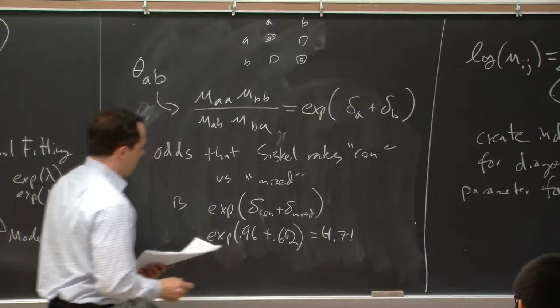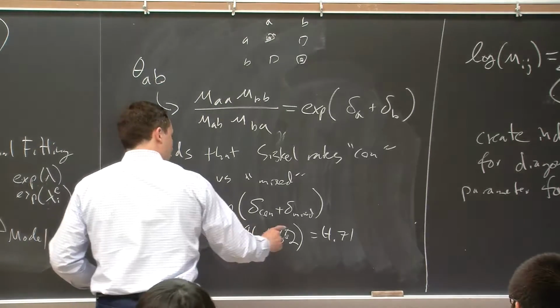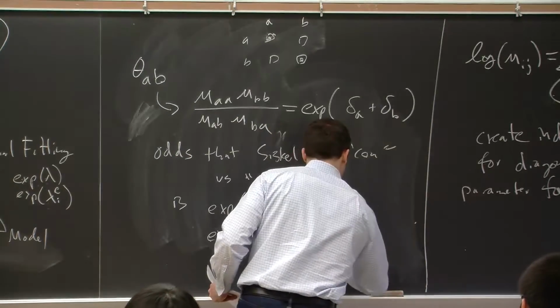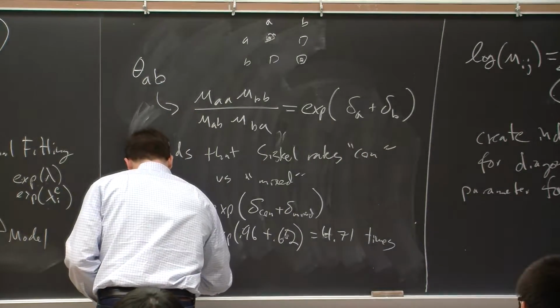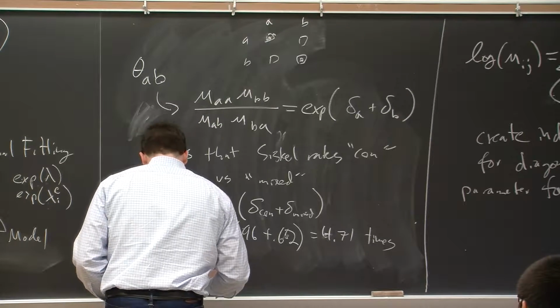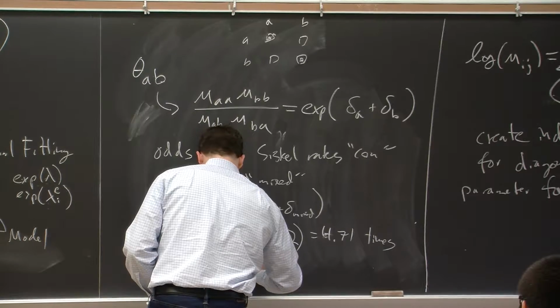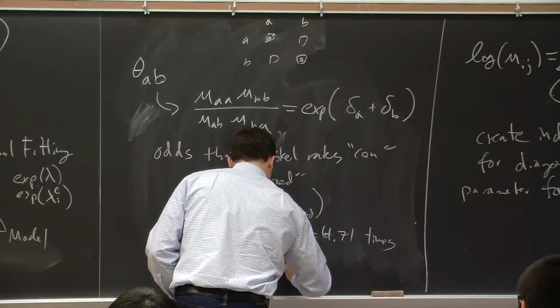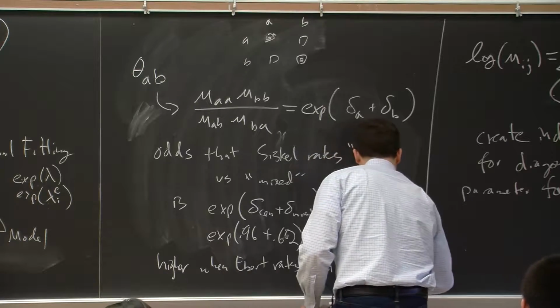So it says that the odds that Siskel rates con versus mixed is 4.71 times higher when Ebert rates con versus mixed.